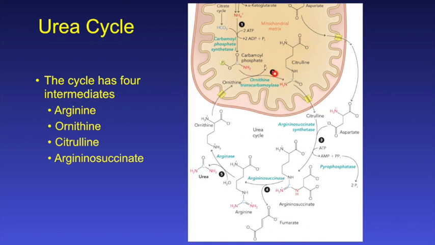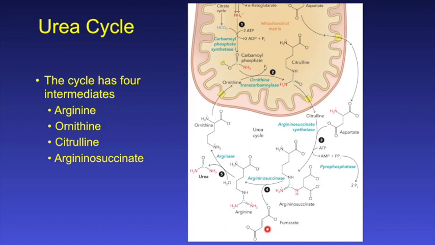This reaction occurs in the mitochondria. Citrulline is transported out into the cytosol. It will react with aspartate to create argininosuccinate. Argininosuccinate will react, give off fumarate, and produce arginine. Have you seen fumarate before? What cycle can this molecule be entered into?